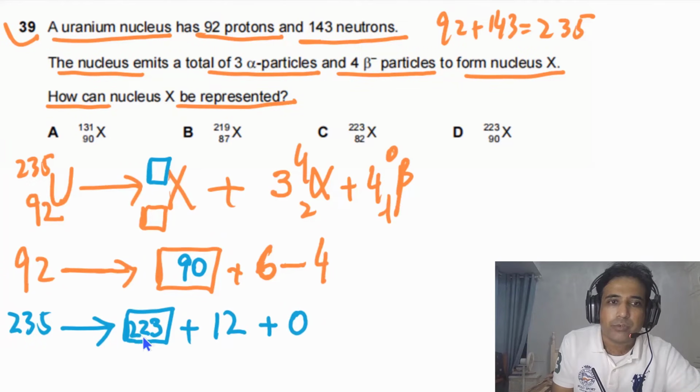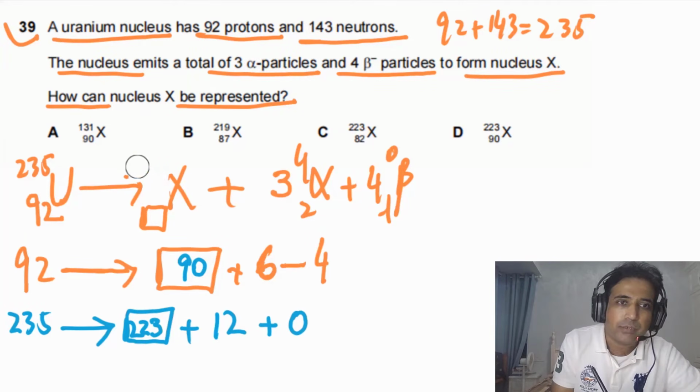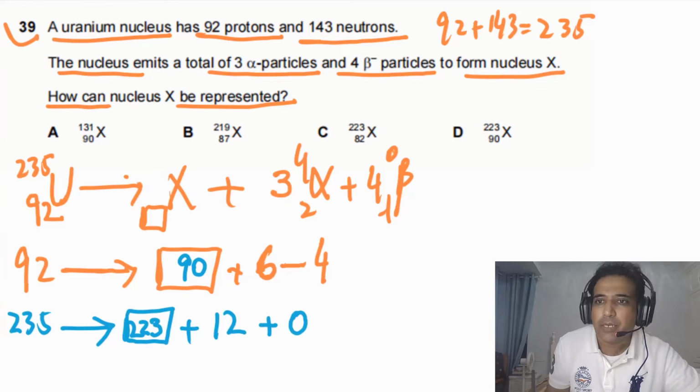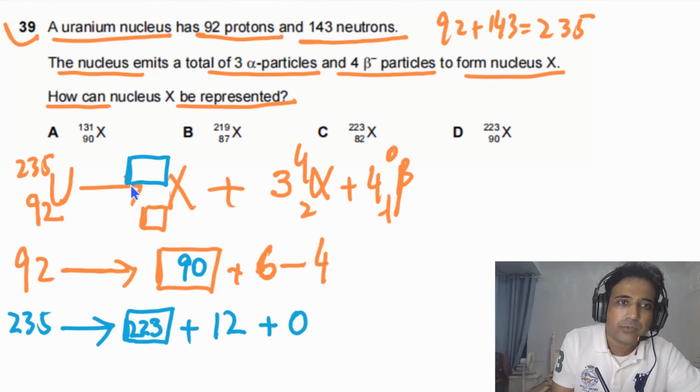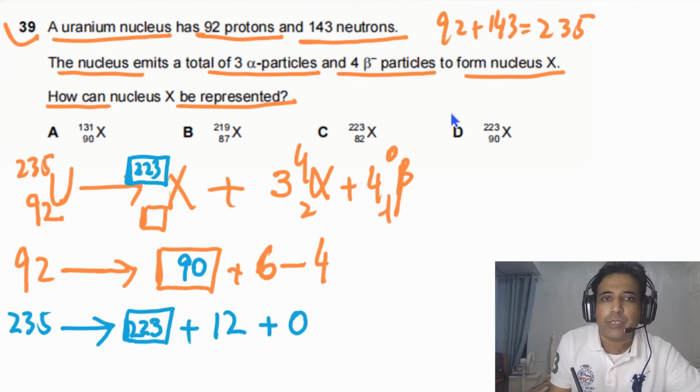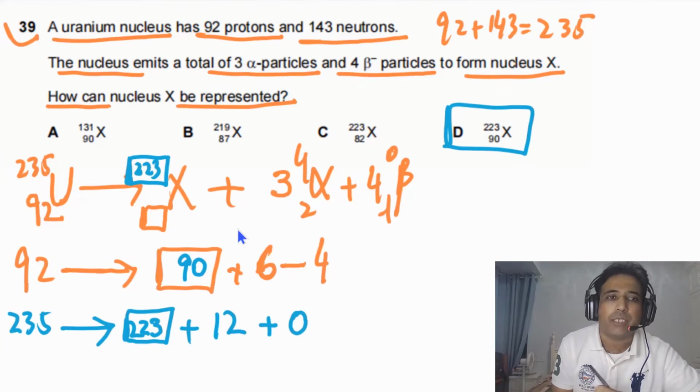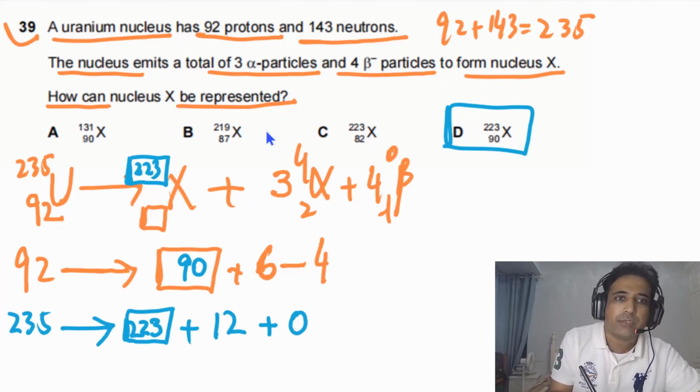So 223. So we can make it a little bit bigger and we can write on here, this one has to be 223. So the answer for this question is D. So this is how you can answer. I hope this question is clear to you.